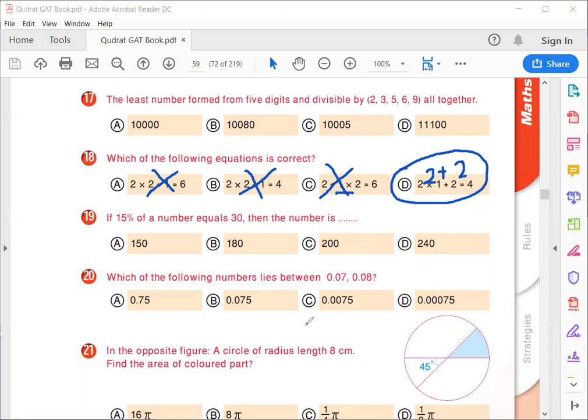Now he said 15% of a number equals 30. Then what is the number? I put it only as 15%, that's 15x over 100 equals 30. You see?